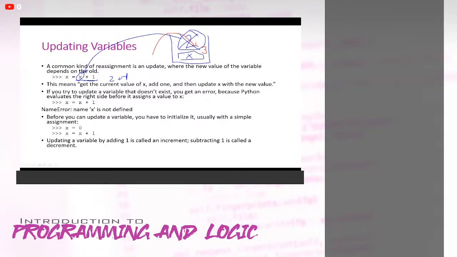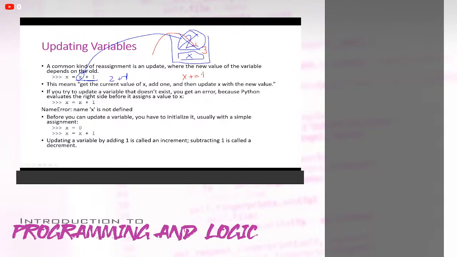And we have a little shorthand for this, where we say plus equals. X plus equals 1. If some of you have experience with some other programming languages, you might know of the plus plus shorthand. This is Python's equivalent of the plus plus shorthand.